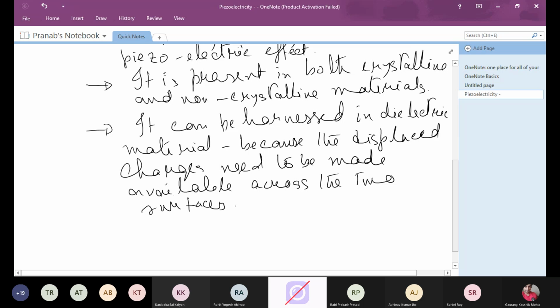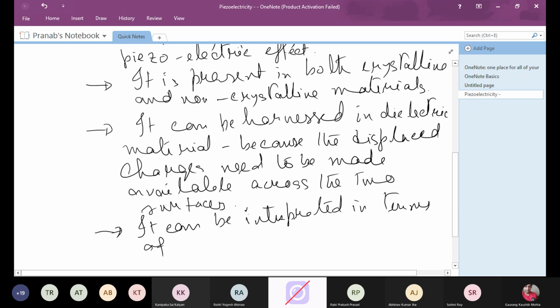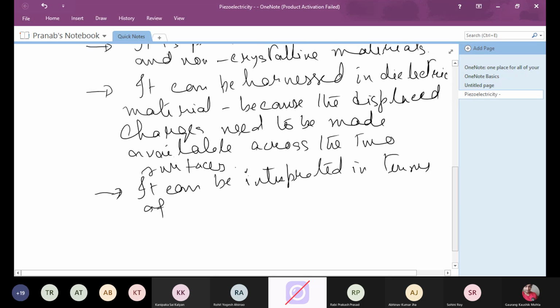So it can be related by dielectric polarization and electric dipoles.